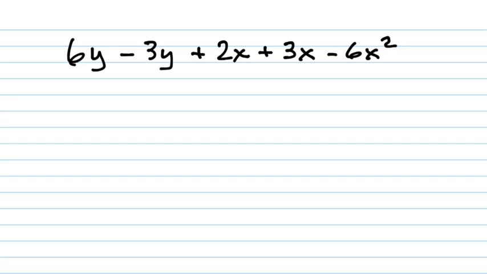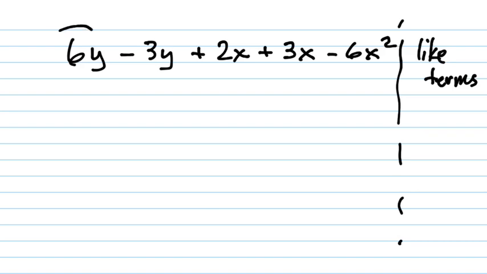Yes. In order to combine these, because they're algebraic terms, they must be things that are called what? Like terms. There you go, guys. Right, like terms. So what kind of term is the first one? A y term. So just look along and see, do you have any more y terms?